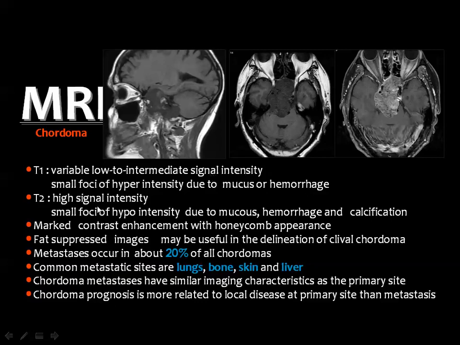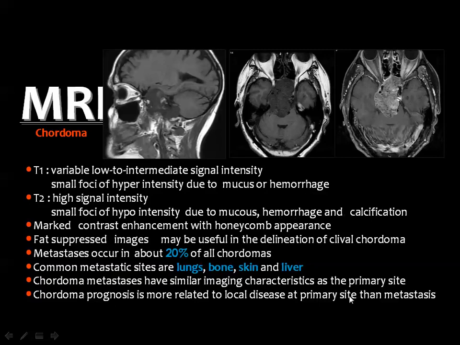In the T2 weighted image, it will show bright signal intensity similar to the chondrosarcoma many times. Hypointensity within the tumor may represent areas of degeneration or hemorrhage or calcium.